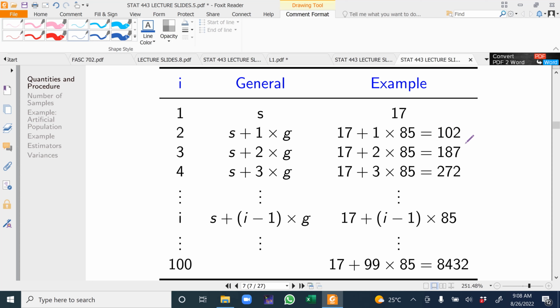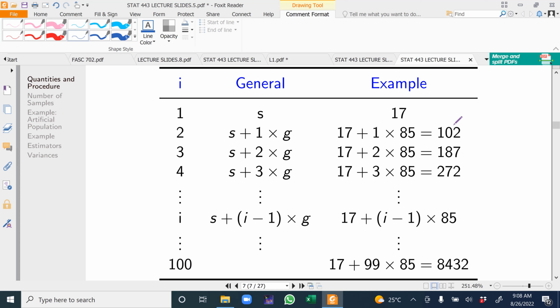The third element will be 102 plus 85, 187 units in the population, and so forth. So you'll do so all the way until you get your 100 sample units. The 100th sample unit will be given by 8,432.